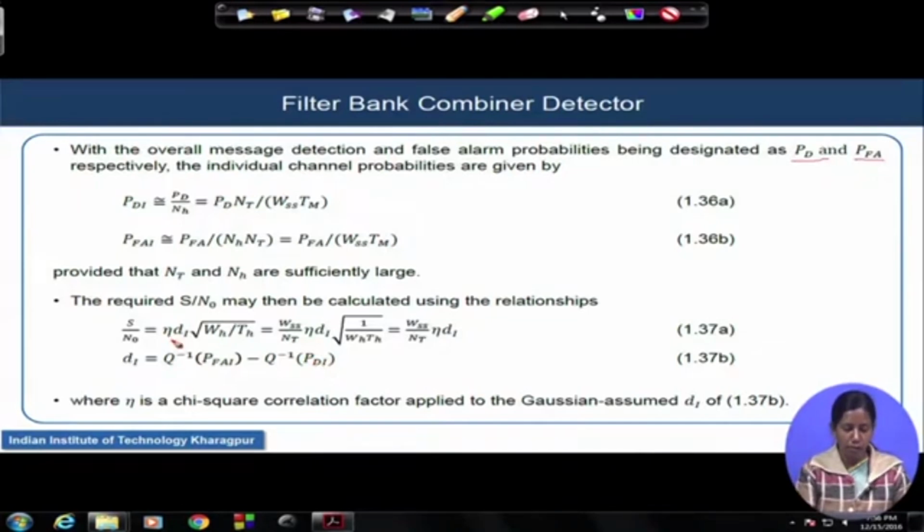Remember this chi, the introduction of this new parameter in the expression. This is the chi-square correlation factor applied to this Gaussian assumed DI of 1.37. When we are assuming Gaussian, this is a correction factor we can call it.